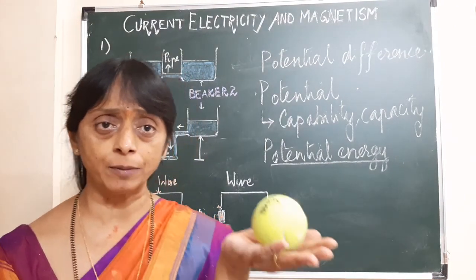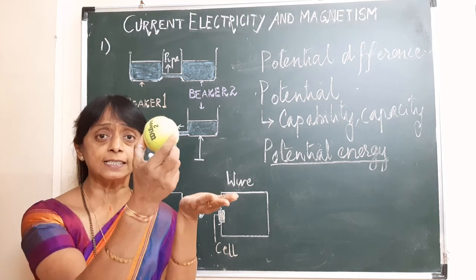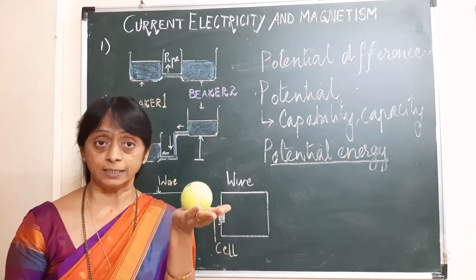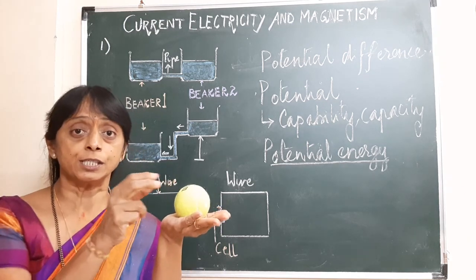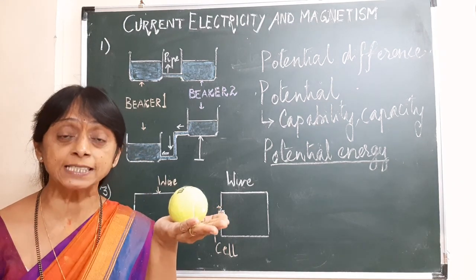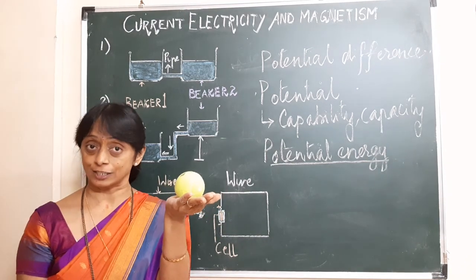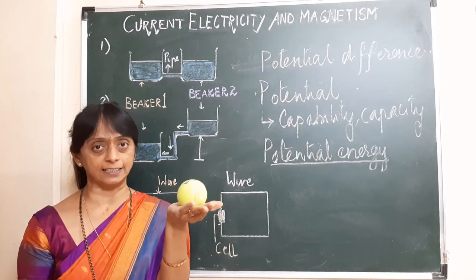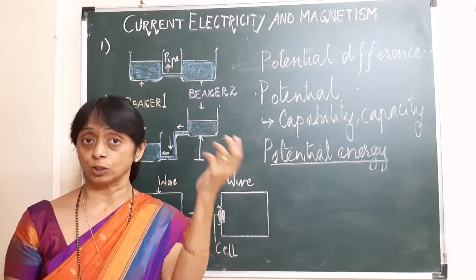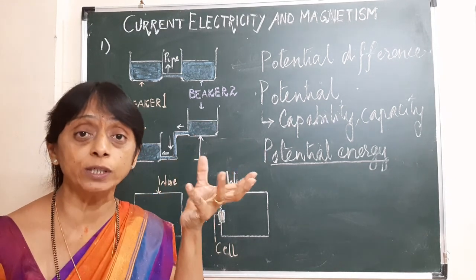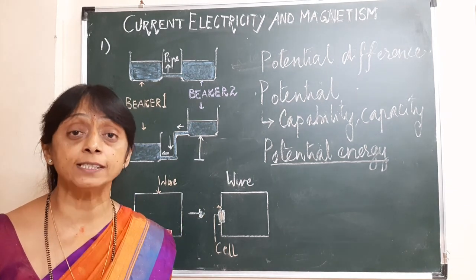If I have a ball in my hand, children, what does this ball contain? It possesses potential energy. It has some energy stored in it due to its state of rest, due to its position. That is called potential energy. If I drop the ball, what happens? The energy that was stored in the ball gets converted because the ball is in motion.